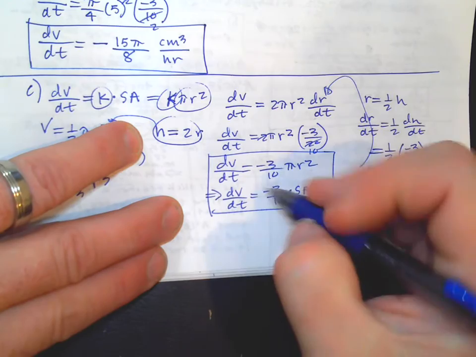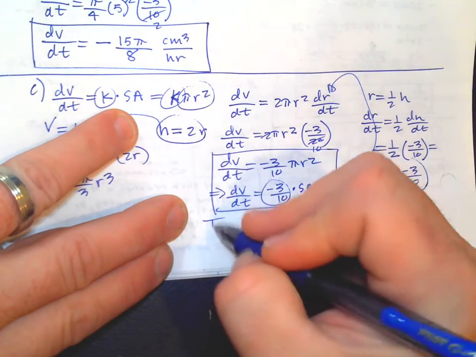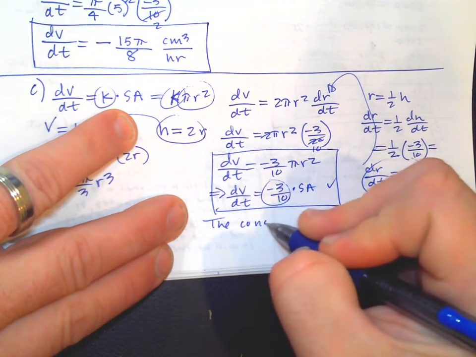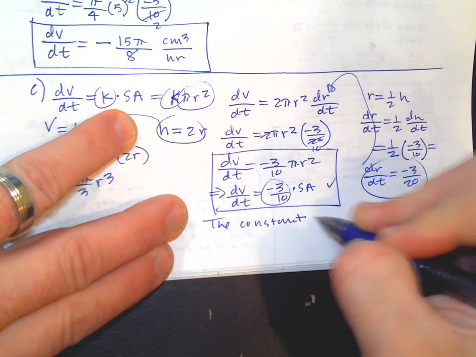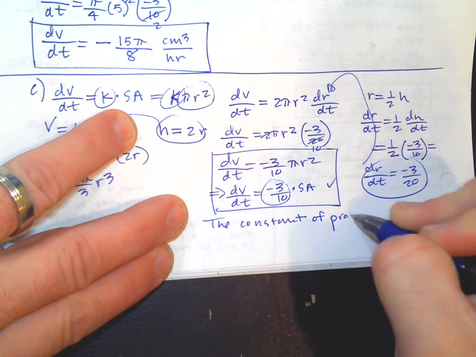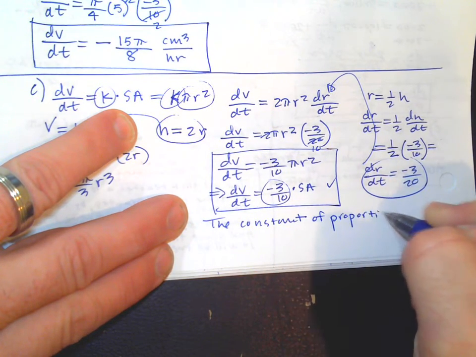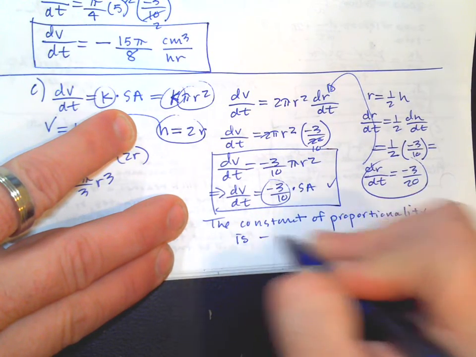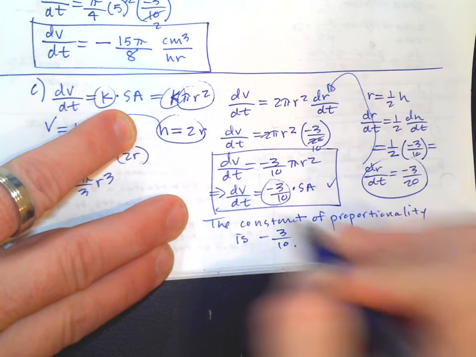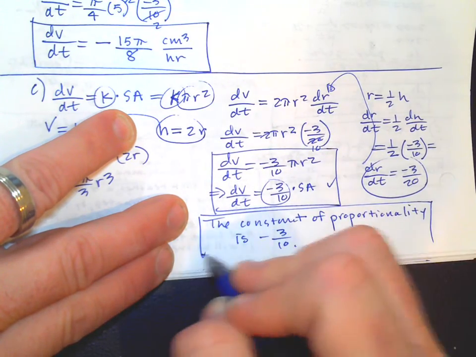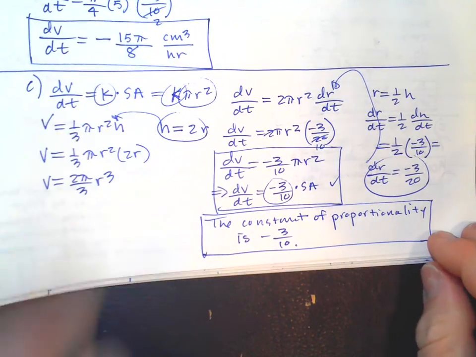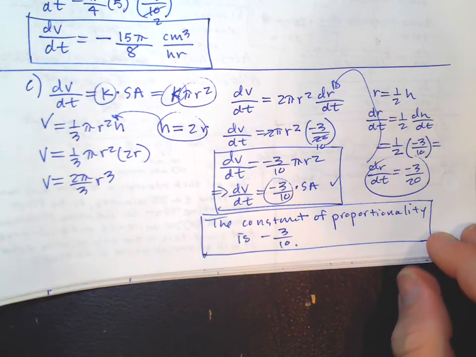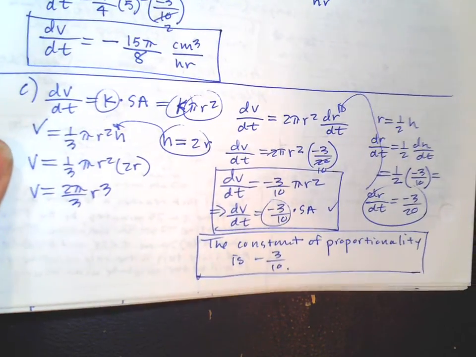The constant of proportionality is that. So we just got to say that. The constant of proportionality is -3/10. So it's kind of an interesting twist at the end. That's it. Bunch of good practice, related rates.